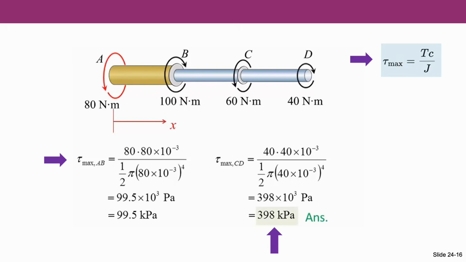So we substitute the corresponding values for the AB and CD sections. And when we substitute these values, the results yield that the maximum shear stress occurring in the AB section is equal to 99.5 kilopascals, and in the CD section is 398 kilopascals. So as a result, the maximum shear stress occurs in the CD section.